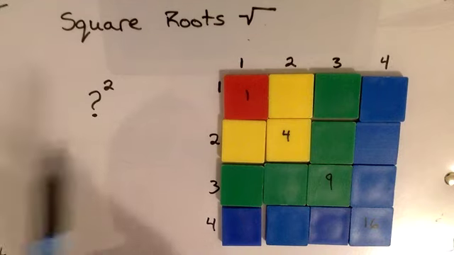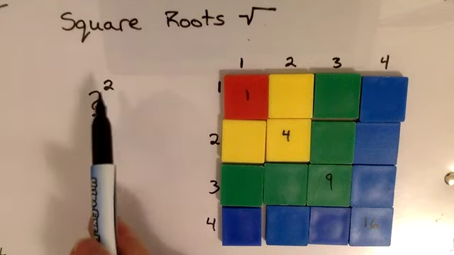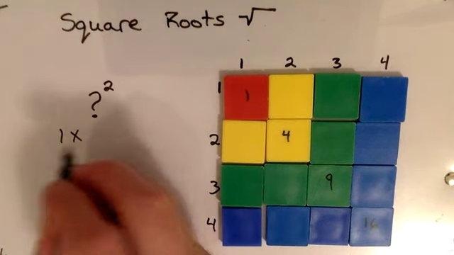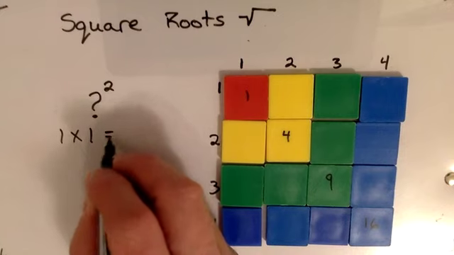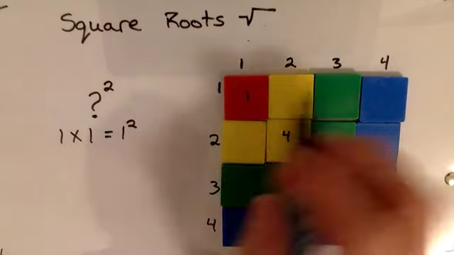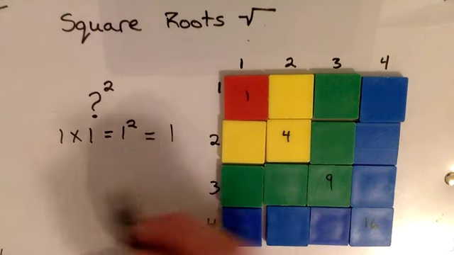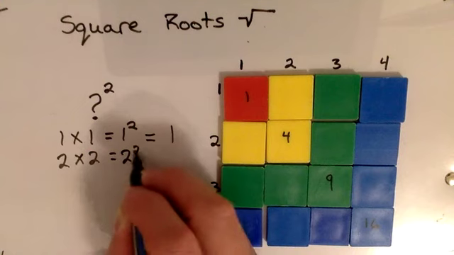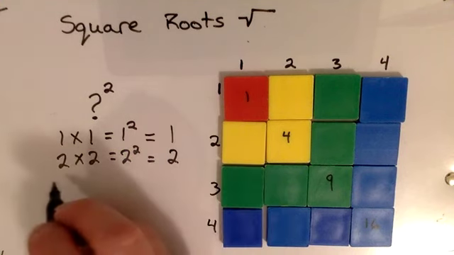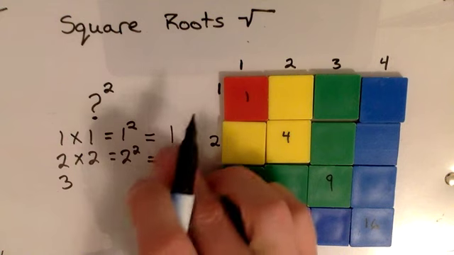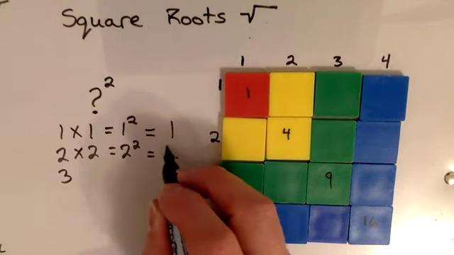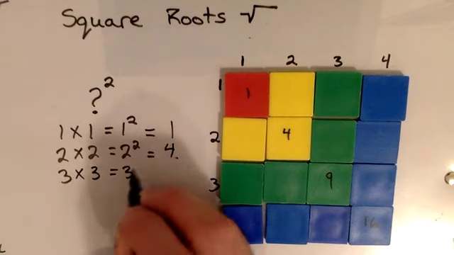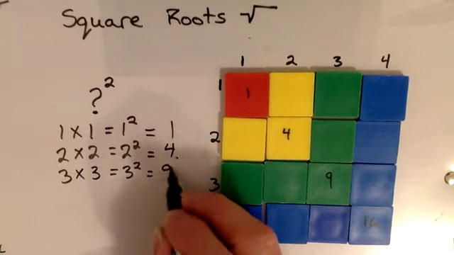So that is why they call anything to the power of 2 a square, because 1 times itself, or 1 squared, gives you 1. 2 times itself, or 2 squared, gives you 4. 3 times 3, or 3 squared, is 9.